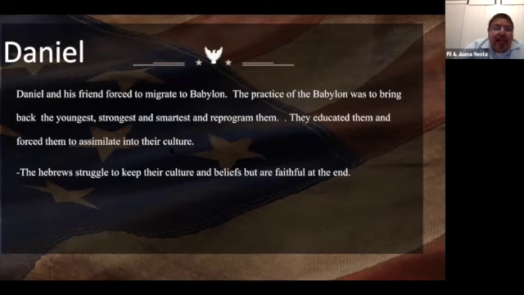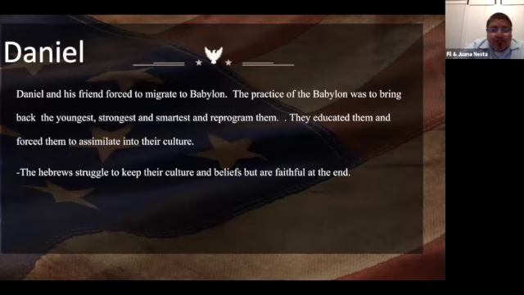Daniel and his friends were forced to migrate to Babylon. The practice of the Babylonians was to take the youngest and the strongest and the smartest and reprogram them, reteach them, and acculturate them, educate them into Babylonian culture and education system.